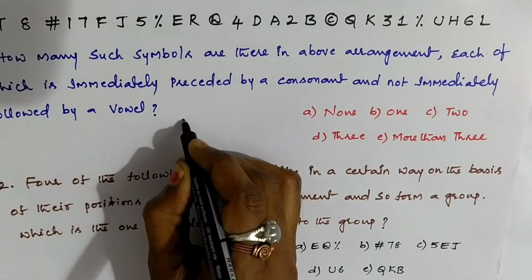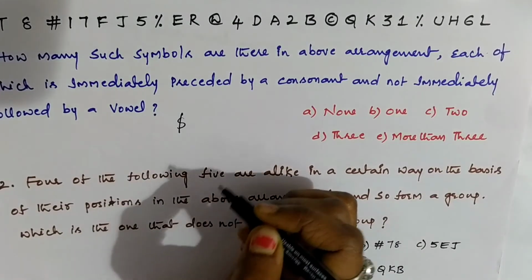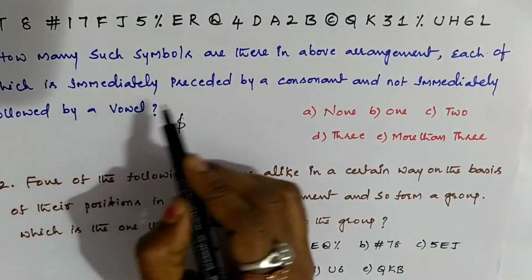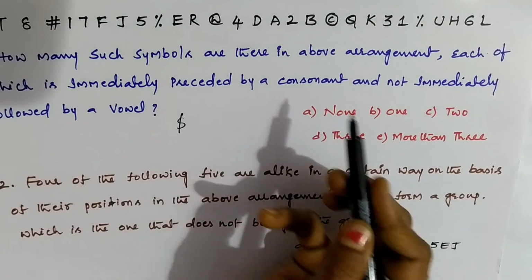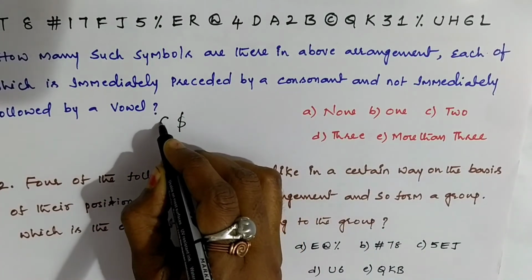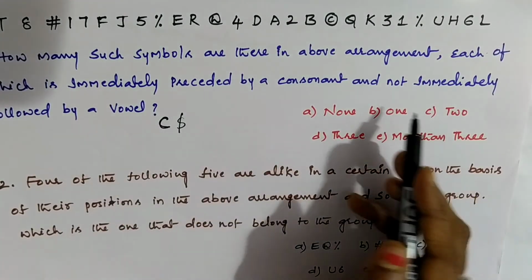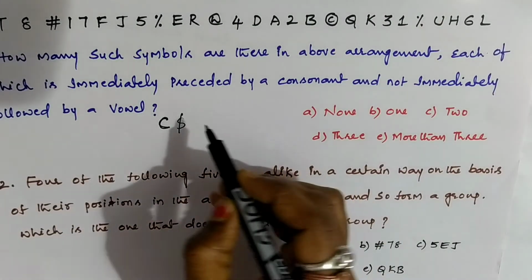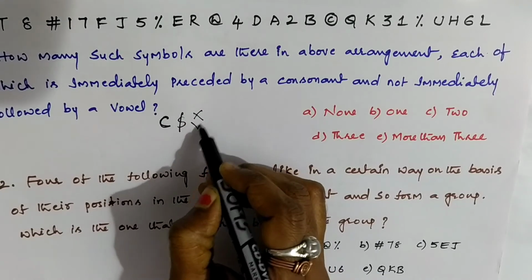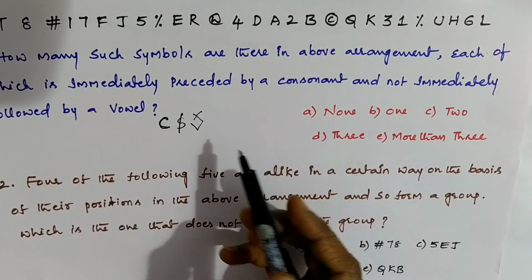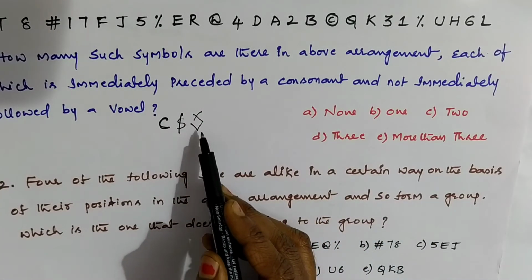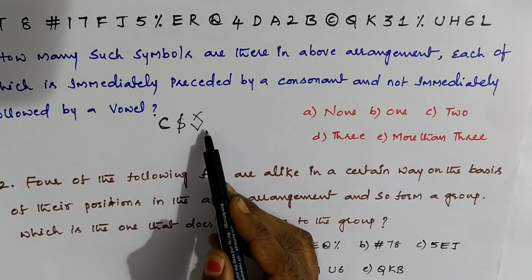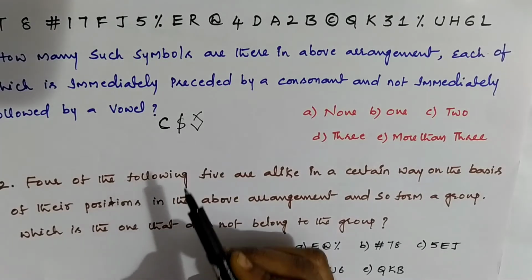They are asking for symbols, each of which is immediately preceded by a consonant. Before should be a consonant, and not immediately followed by a vowel, means it should not be followed by a vowel. It can be a number or symbol or consonant. It should not be a vowel.